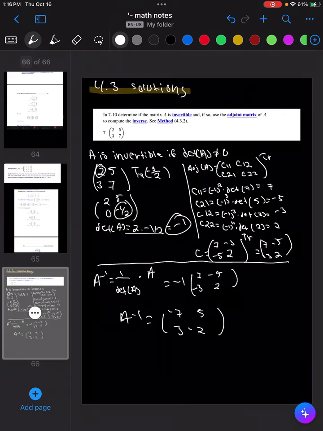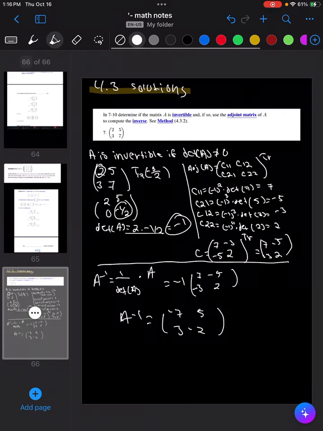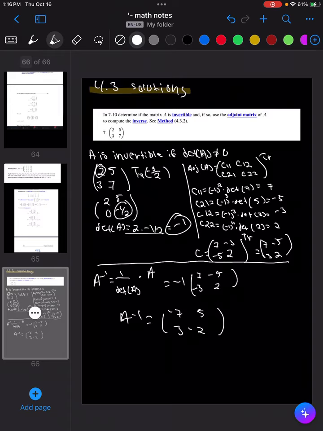And I show that on the right, where I got the cofactor of removing row 1 column 1 would be 7. The cofactor of removing row 2 column 1 would be -5. The cofactor of removing row 1 column 2 would be -3. The cofactor of row 2 and column 2 would be just 2.